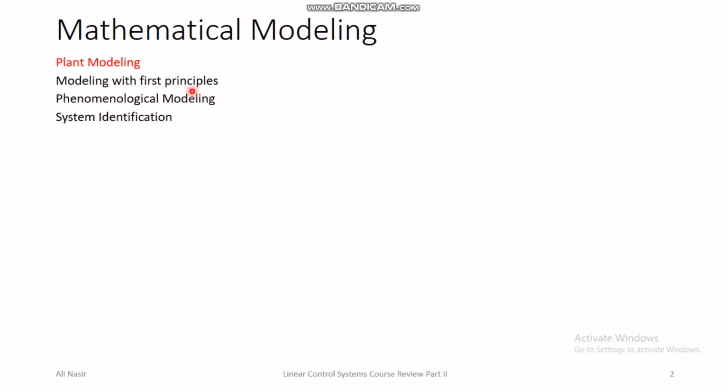In phenomenological modeling, this type of modeling is used when no first principles are applicable to the behavior of the model. For example, if your system is an electric circuit or a moving vehicle, then it is easy to use first principles.